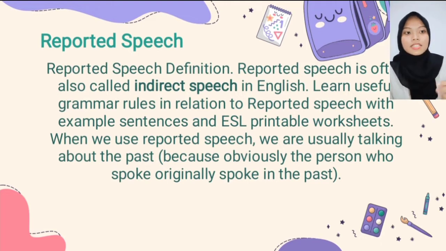So, the sentence changes from direct speech to indirect speech. Reported speech is a description of what someone has said in different words. This reported speech tells someone what the other person said.